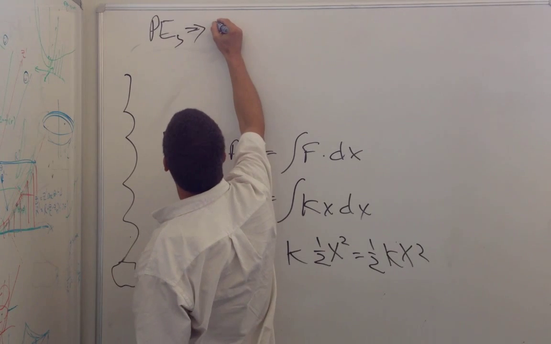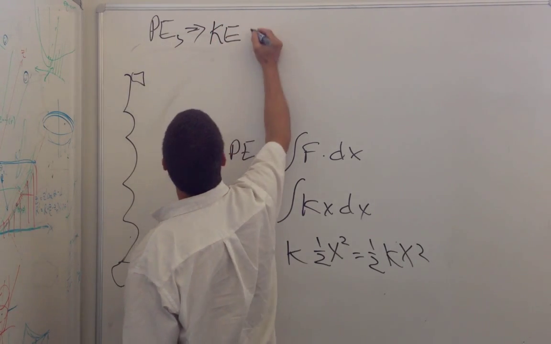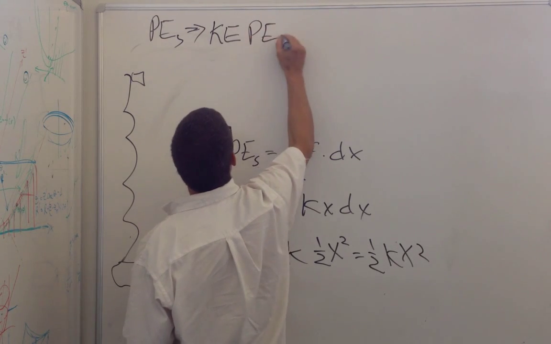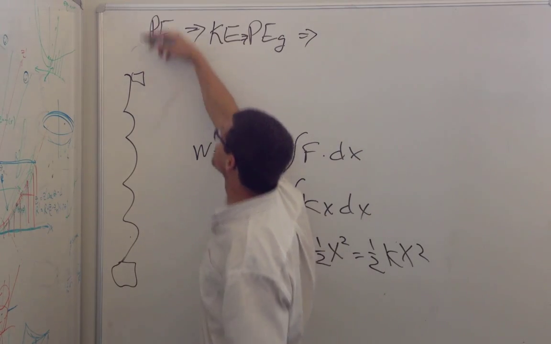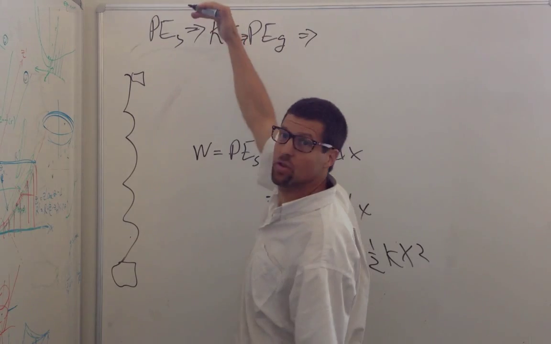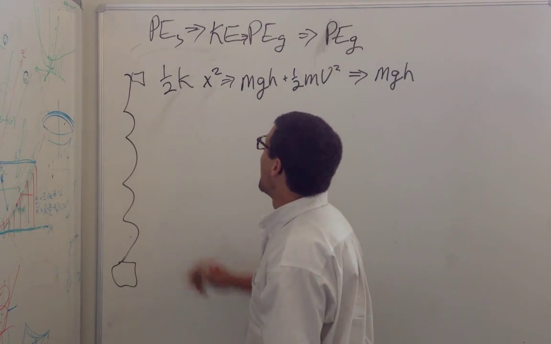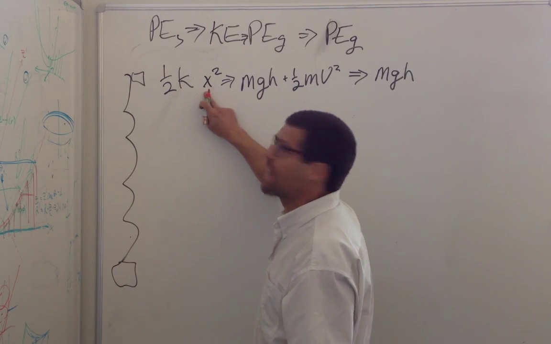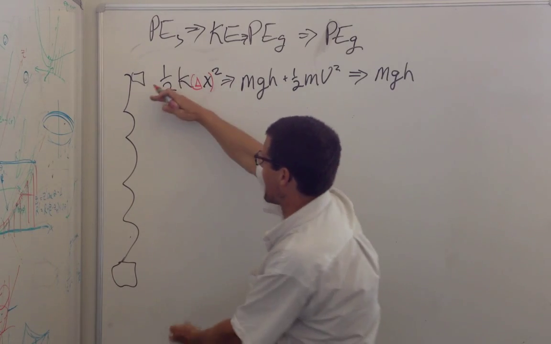It turns to kinetic energy, but also gravitational potential energy. And then it turns only to gravitational potential energy as it gets to its highest point. So we start with the elongated spring, and the potential energy stored is 1/2 k x squared. And when I write that, I realize it's delta x.